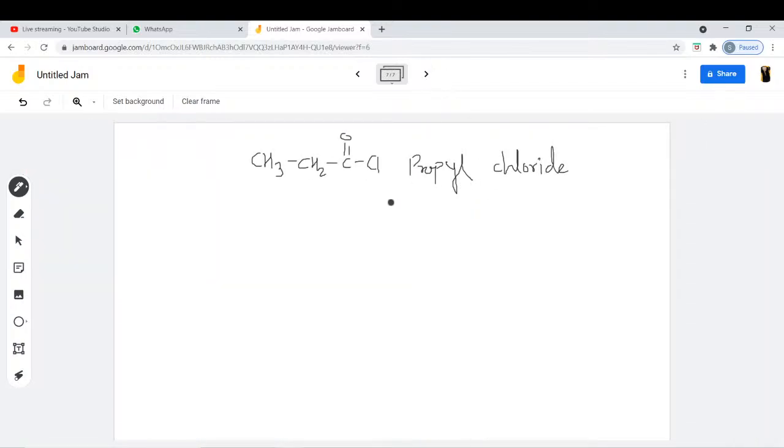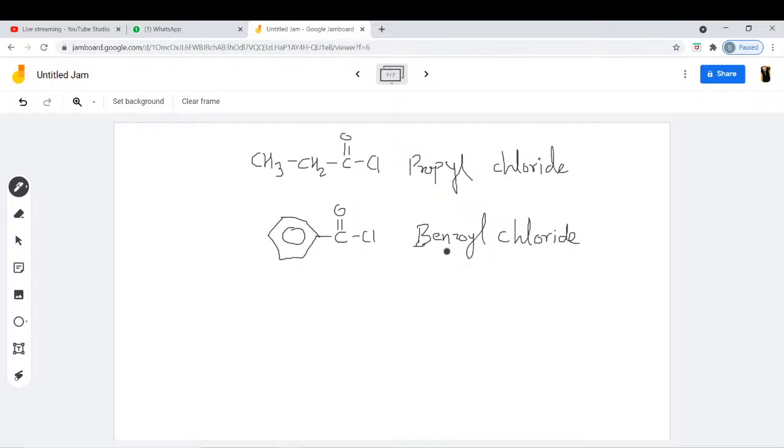Similar cases, like benzoyl chloride, an aromatic compound: benzene ring, then C double bond OCl. Its name is benzoyl chloride. Benzoyl chloride is very famous for preparation of brown sugar and other narcotic drugs.